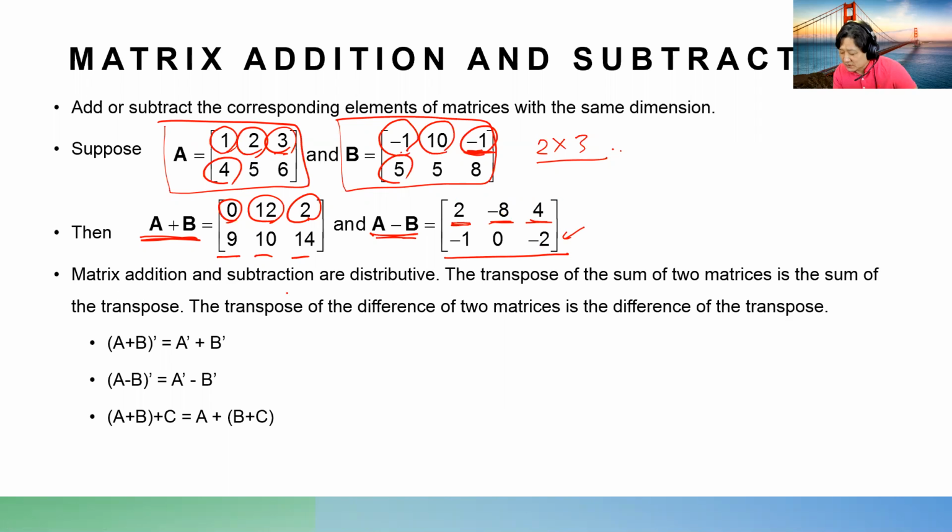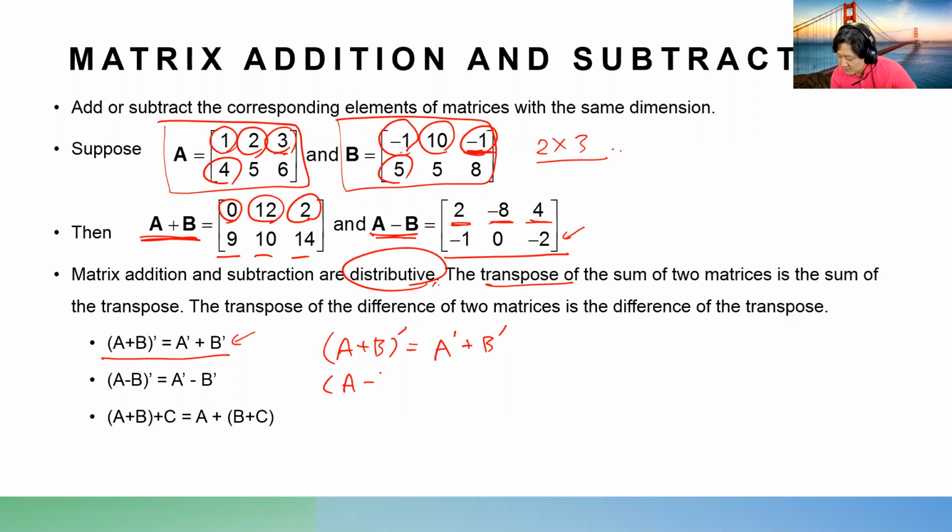And matrix addition and subtractions are distributive, which means if you transpose the sum of two matrices or subtraction of two matrices, you can get this relationship. So A plus B, and if you transpose, it is the same as A transpose plus B transpose.